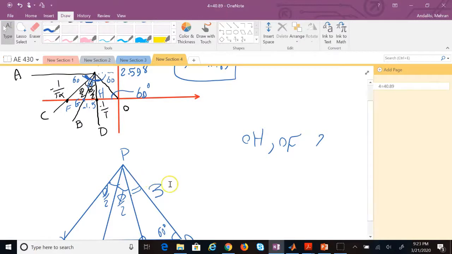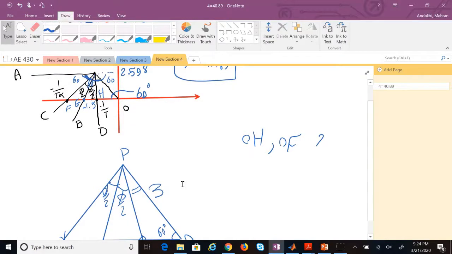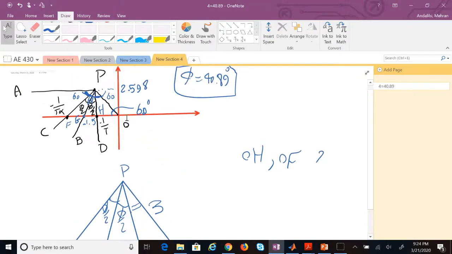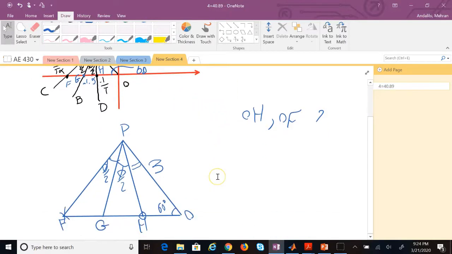I guess we can, because if you look here, the angle between GP and PO is 60 degrees. So this whole thing, from here to here, is 60 degrees. So this angle is going to be 60 minus phi over 2. Right? So I have that angle.